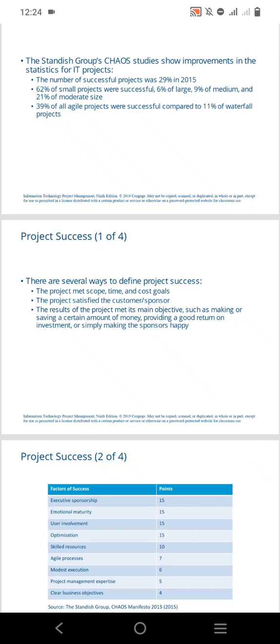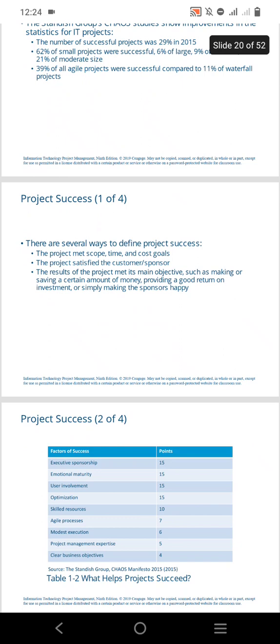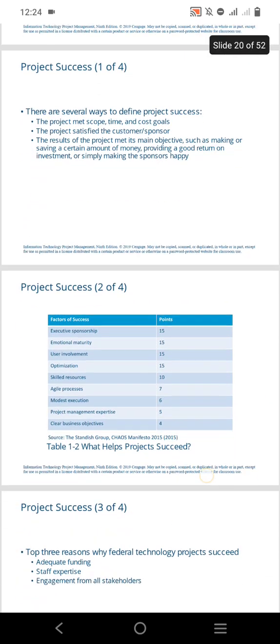And when the project meets its main objective, it is also an attribute of a successful project. A project that provides a return on investment or simply makes the sponsors happy, or helps you to make money and even save money, all these are ways to define project success.